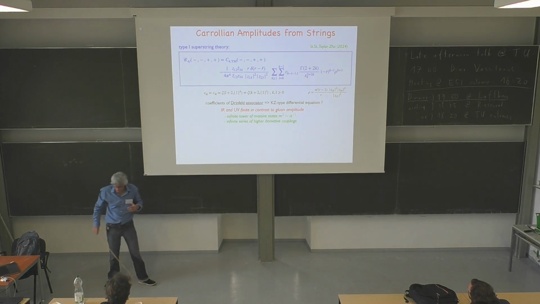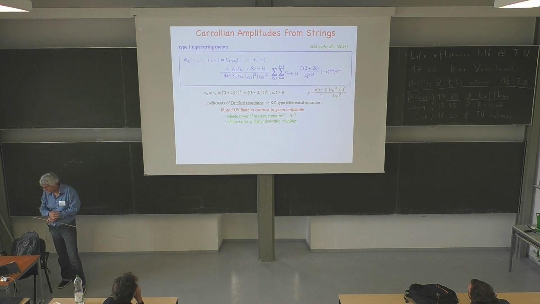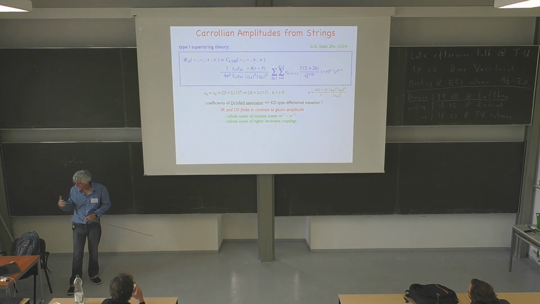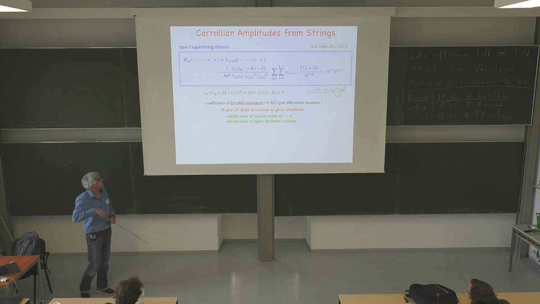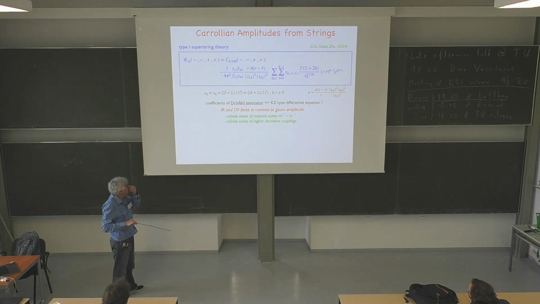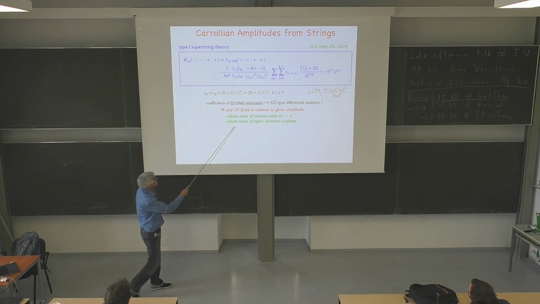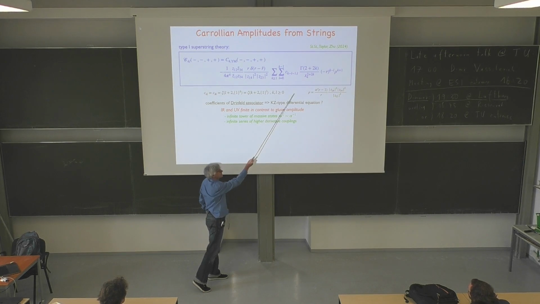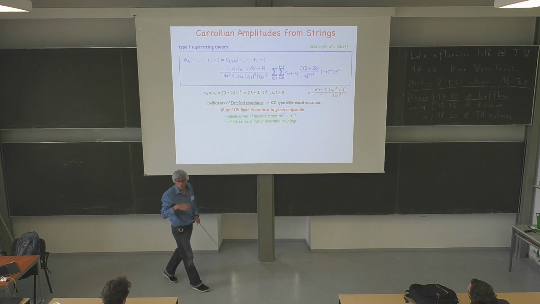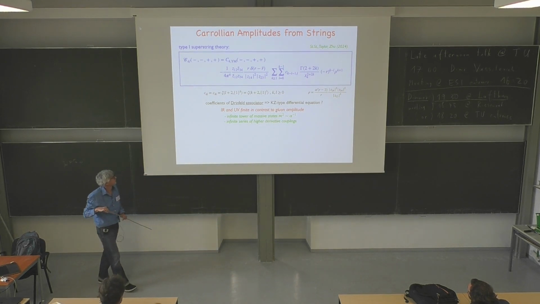In a moment I will study the underlying differential equations for these Carrollian and celestial amplitudes. I find this very interesting because this might already ring a bell that there might be some differential equation behind these Carrollian amplitudes as well.